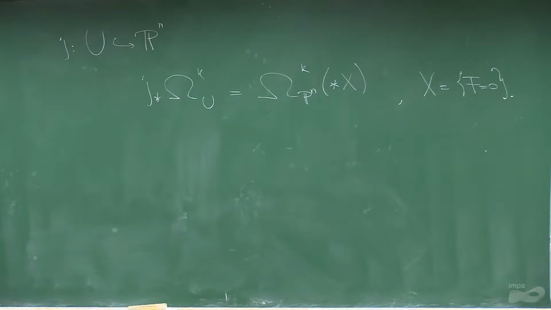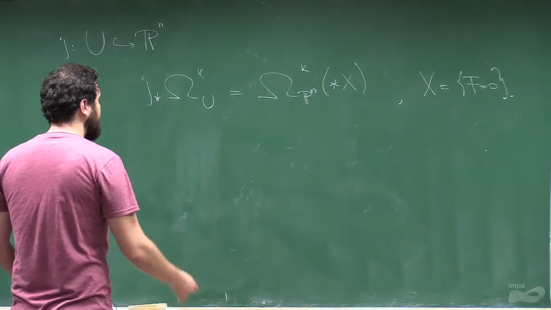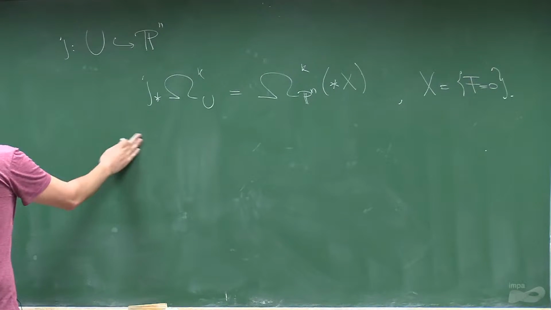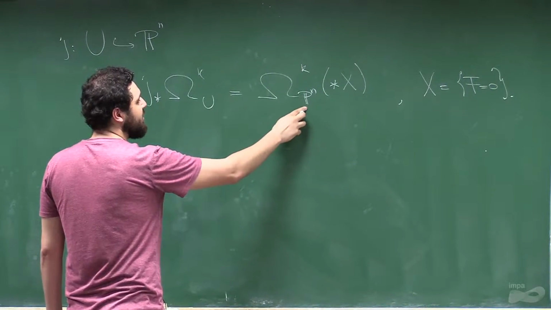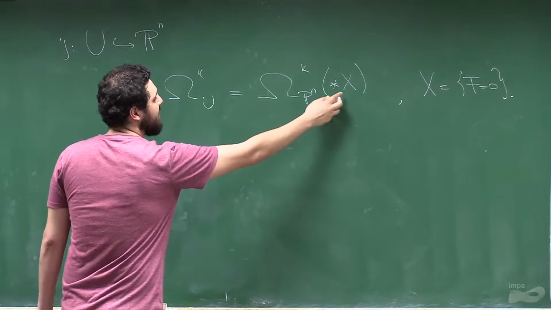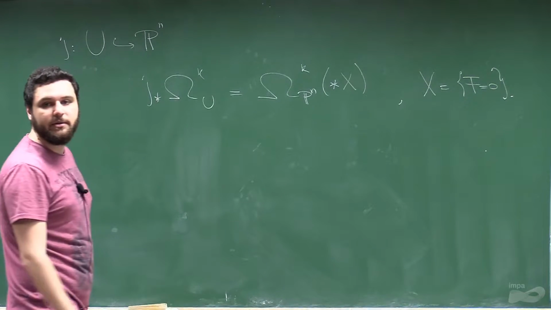Okay. And this will be true in general. If you replace Pn by a smooth projective variety and X by any ample divisor, you will have this equality also, right?